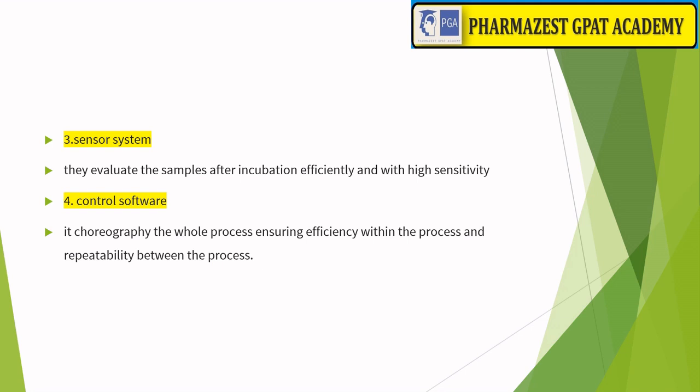It choreographs the whole process, ensuring efficiency within the process and repeatability between the processes. These are the 4 important components of high throughput screening, which help us to identify the hit molecules.